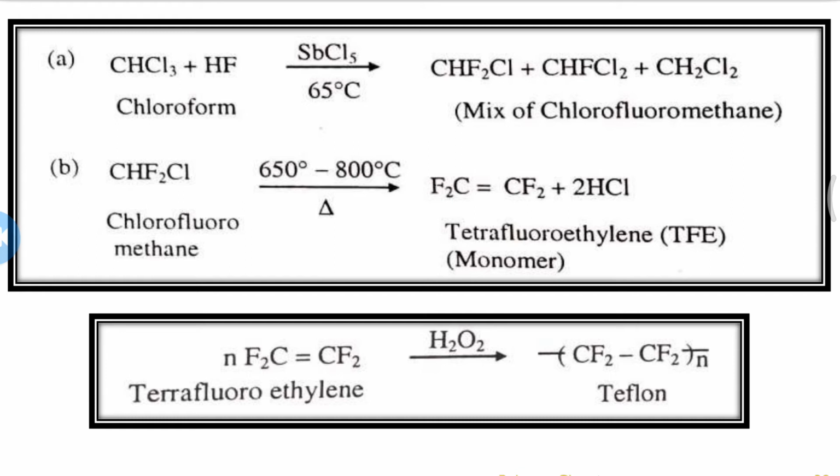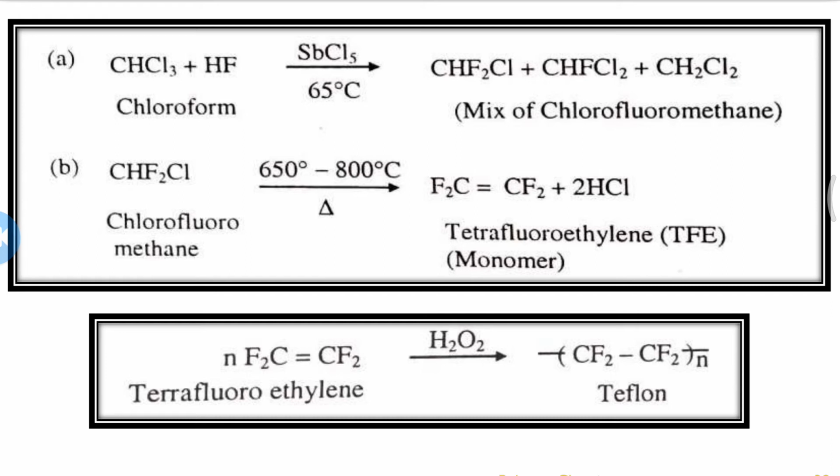This mixture of chlorofluoromethanes is treated at high temperature, 600 to 800 degrees, to form tetrafluoroethylene, TFE, as a monomer, and this polymerizes in presence of an initiator such as H2O2 peracid to form Teflon. Okay, so this is the three-step reaction for preparation of Teflon polymer.